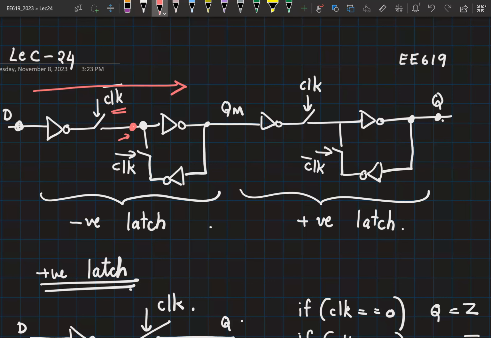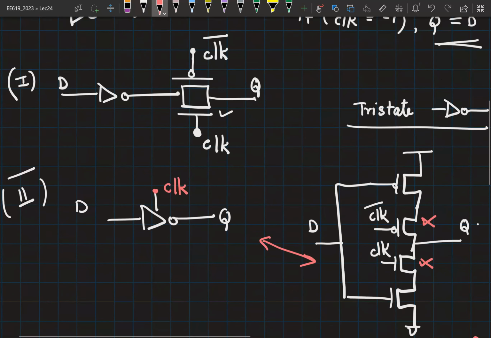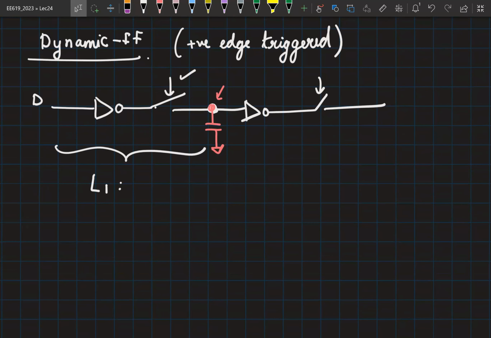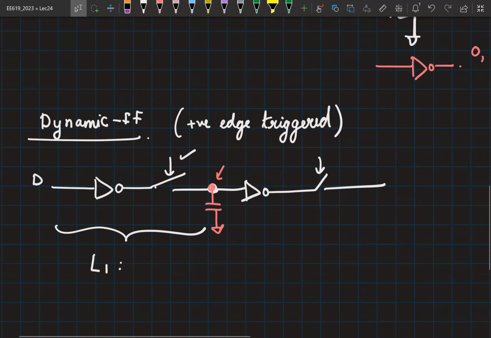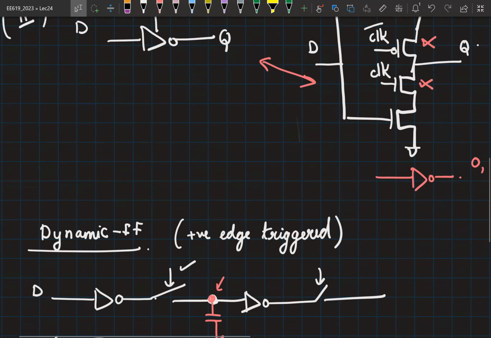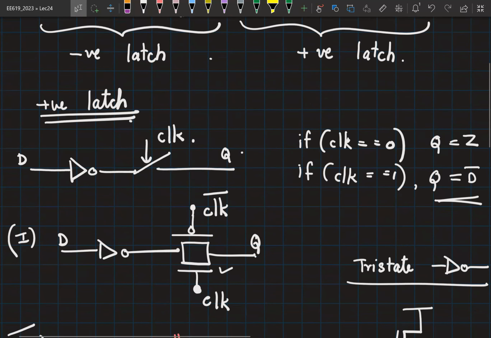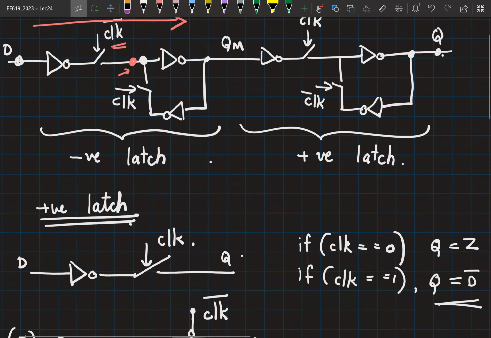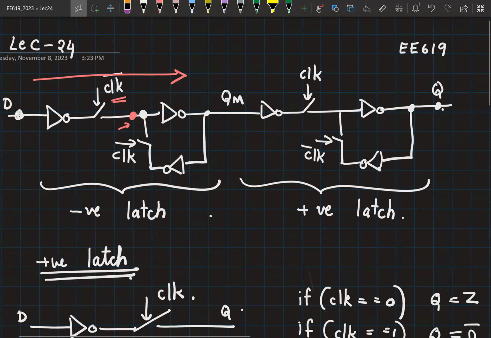That is not true for a dynamic circuit implementation. So if you remove the loop, then it becomes a dynamic implementation. Any questions on this?